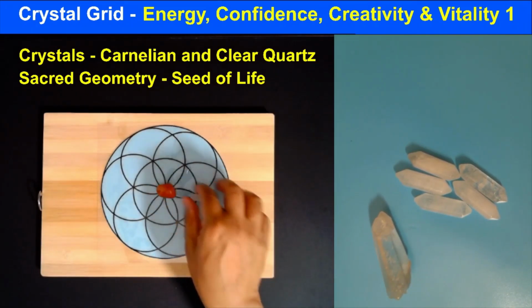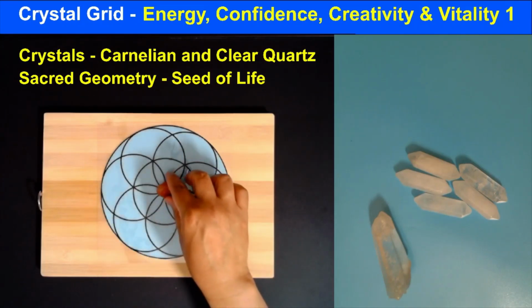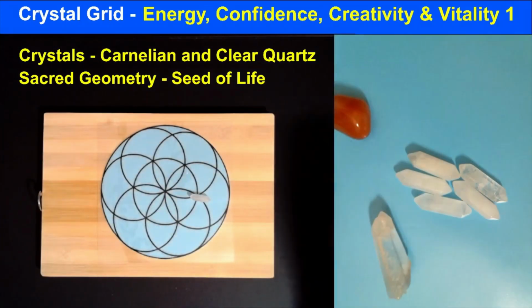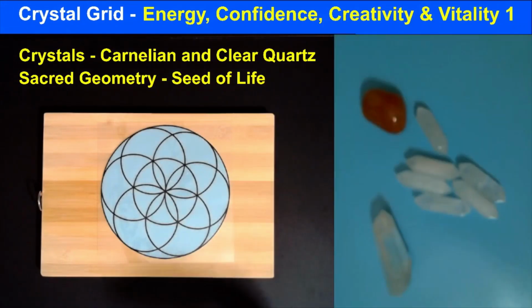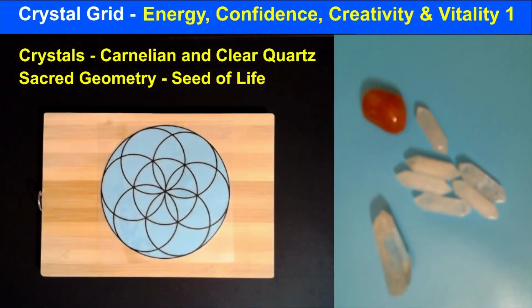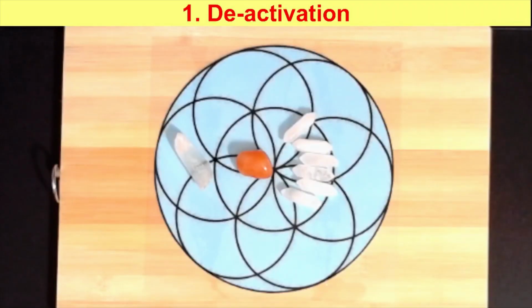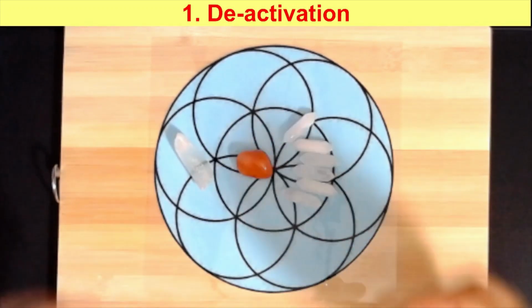Now that we have described the crystals and we have described already the seed of life geometric pattern, we will now go to the process of creating this crystal grid. So what we are going to do now is the activation. Okay, we start with the activation. Why?